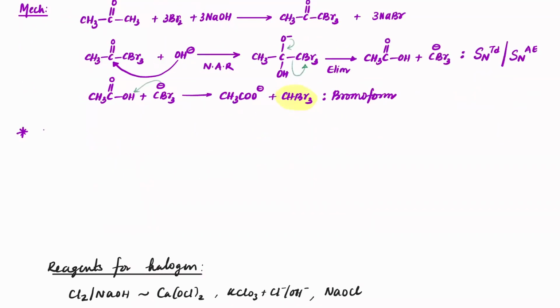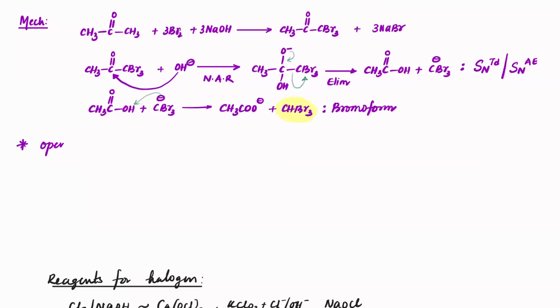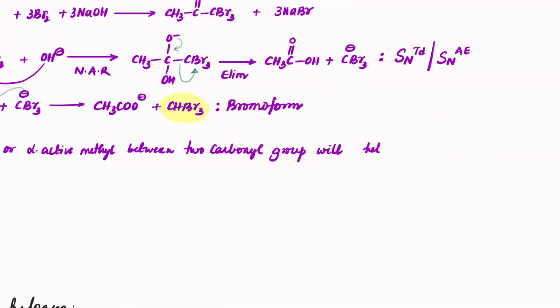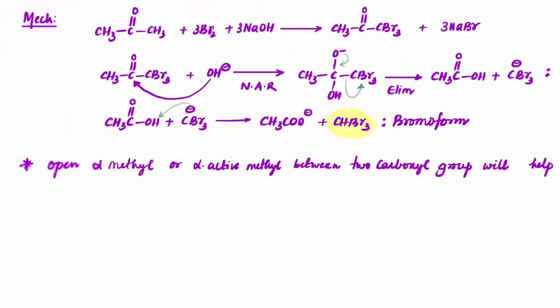An open alpha methyl, or an alpha active methyl between two carbonyl groups, will help in getting the haloform reaction.